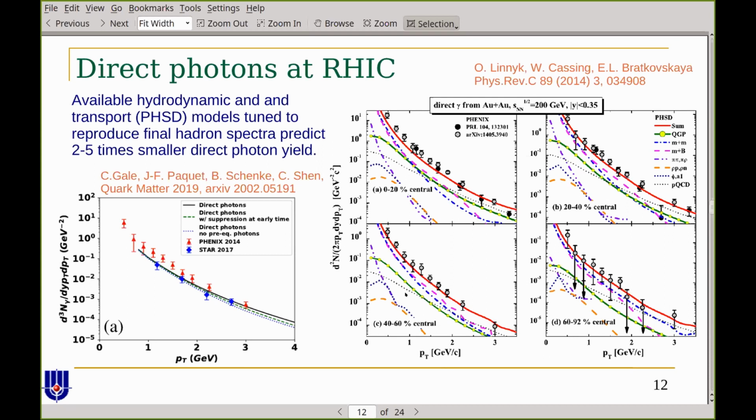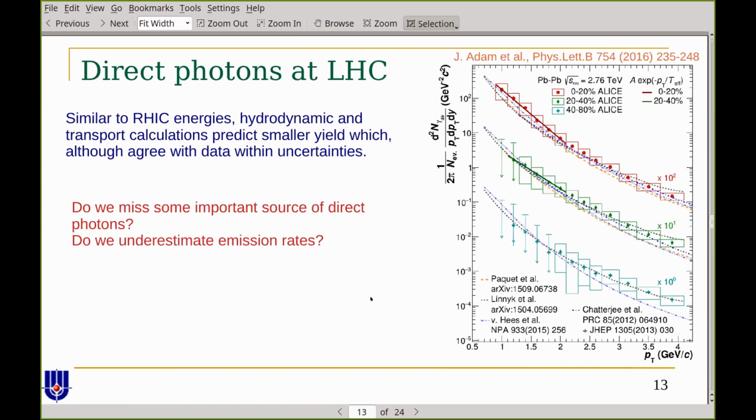If you go to LHC energies, again we have a measurement from ALICE in lead-lead collisions at 2.76 TeV per nucleon, and again we have a comparison with hydrodynamic models and with the PHSD model. And again for central collisions, models underpredict the direct photon yield at soft pT by a factor of 2 to 5 depending on the model.